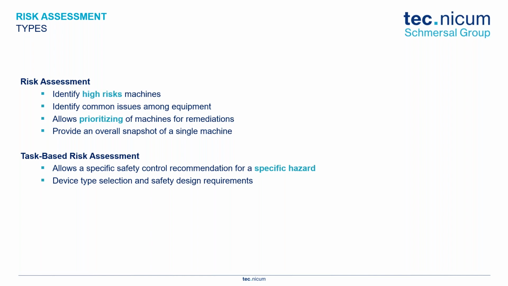Because you may say, okay, we want to safeguard this area, so we're going to throw on a hard guard with the interlock. And it may be perfect for the design, but come to find out, the operator needs both hands to load the part. So maybe that guard is not the best, and maybe we need to use a light curtain. So this task-based assessment helps you understand what type of device you would need or could use for this risk reduction measure.